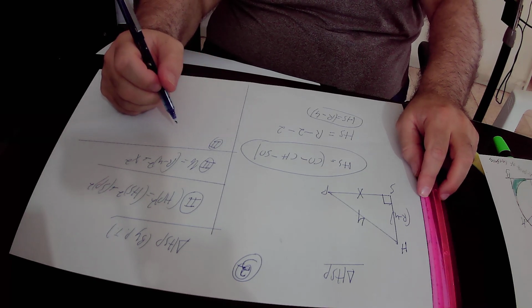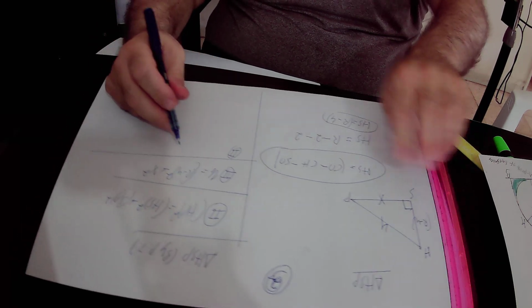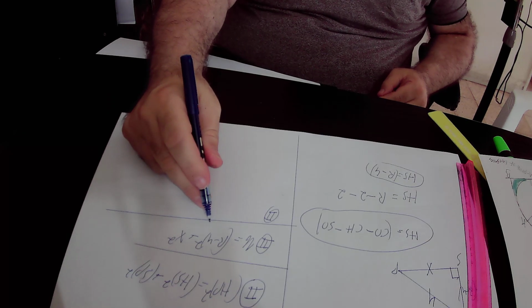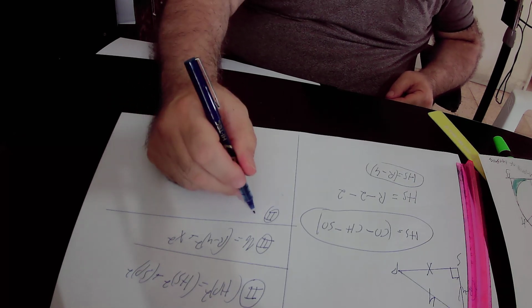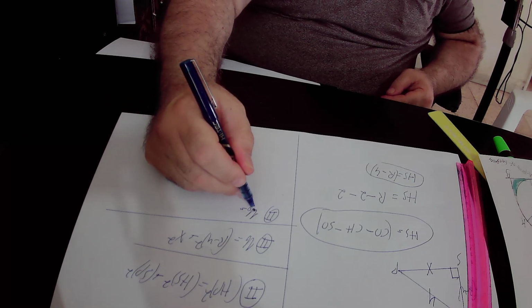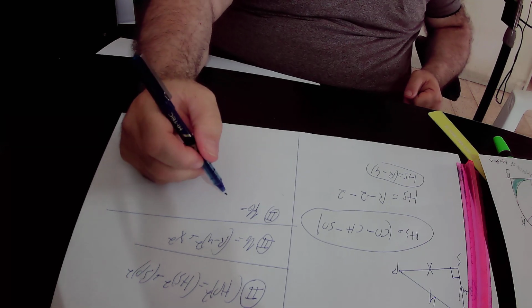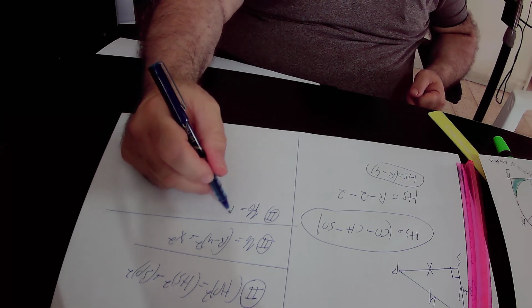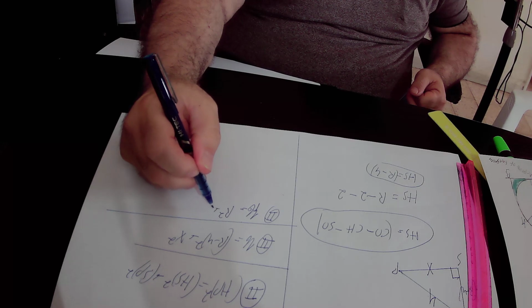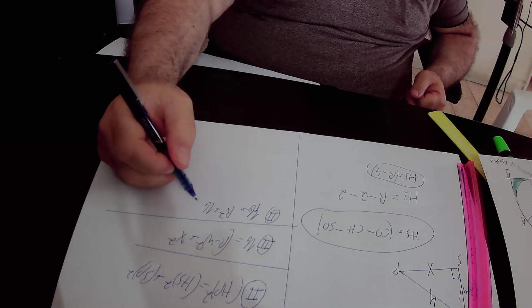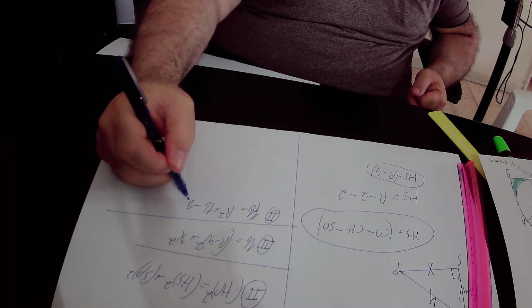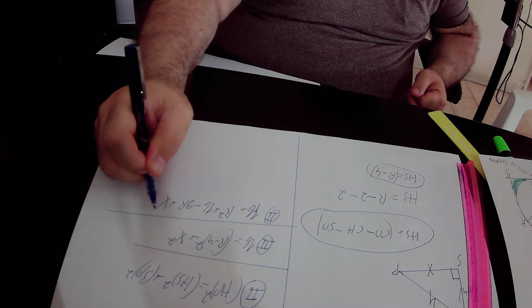So here we'll open the brackets on this side of equation number 2 and we'll get that 16 equals (R minus 4) squared, which equals R squared plus 4 squared, it is 16, minus 2 times R times 4 is minus 8R, plus x squared.